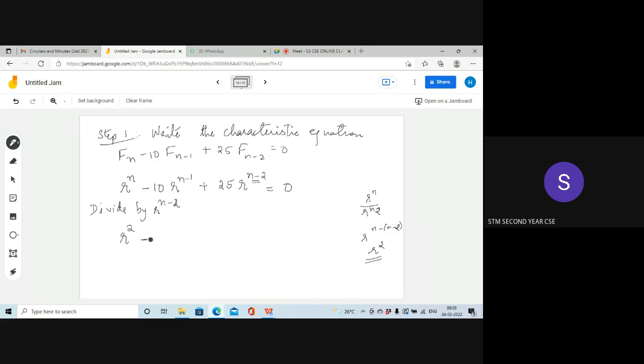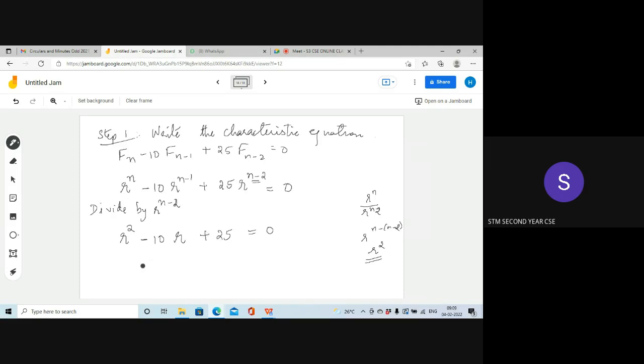The next term, minus 10 into r raised to n minus 1 divided by r raised to n minus 2, gives 10r. Plus 25, r raised to n minus 2 divided by itself cancels, so you get 25 is equal to 0.